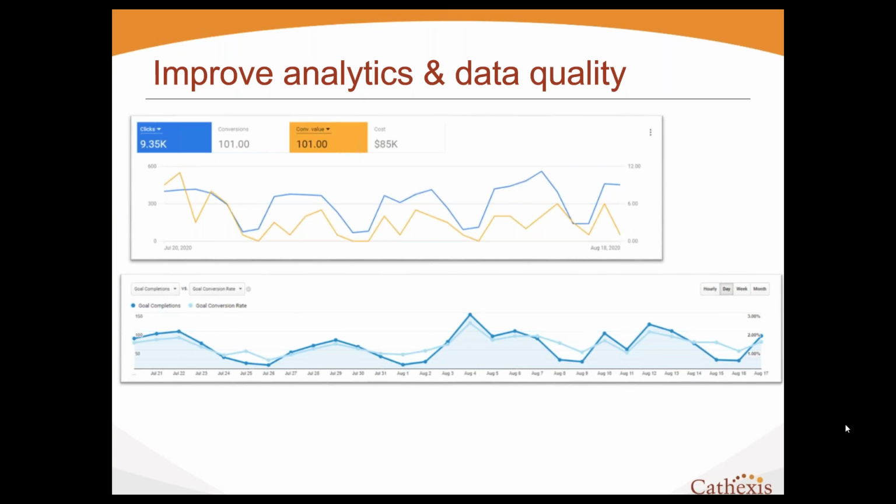This is a very common problem, where the data quality can be bad itself, and you can lack the ability to see what your conversion rate is in Google Analytics, which is what the screenshot is from, or in Google Ads.